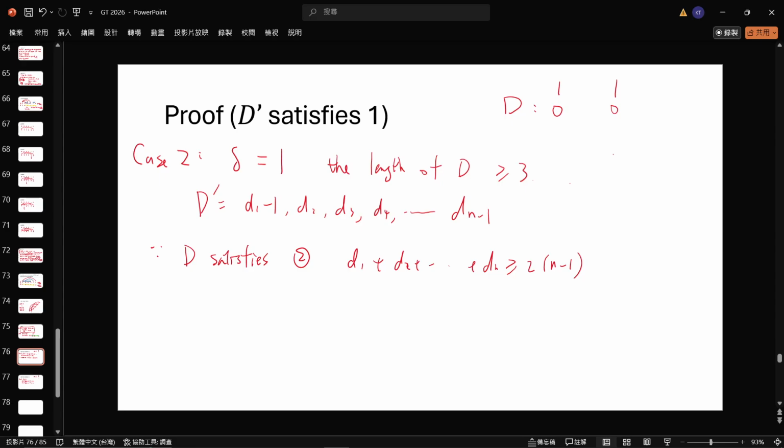So it's like you have n numbers, and the right-hand side is 2 times n minus 1. So this is greater than n. So in order for this sum to be greater than n, one of them must be at least 2. You cannot have all of them being 1 and have a large degree sum. No, okay?